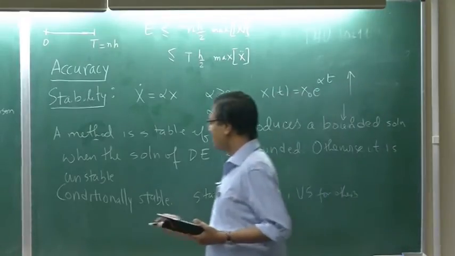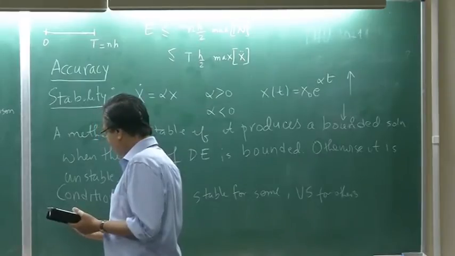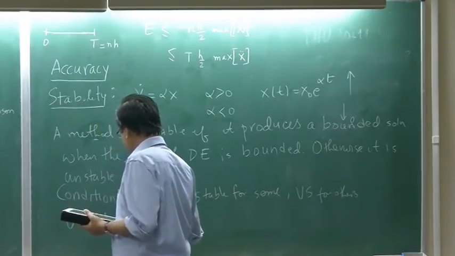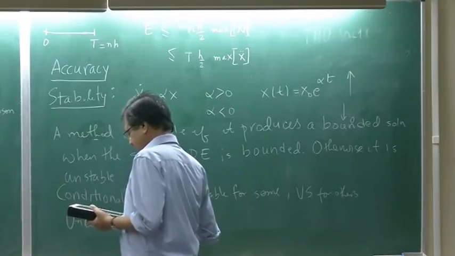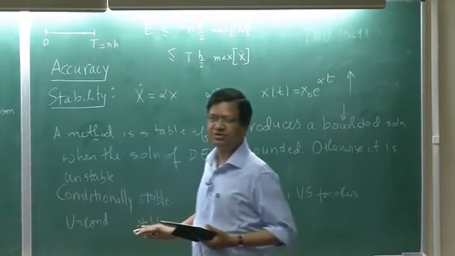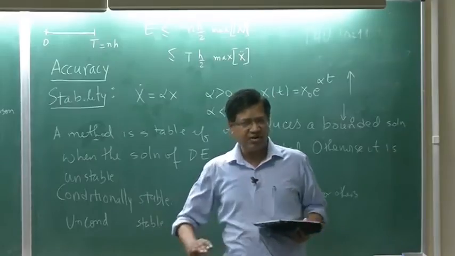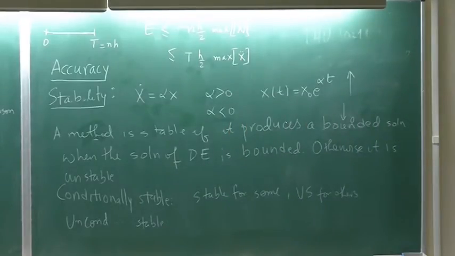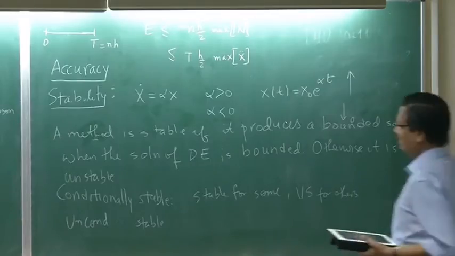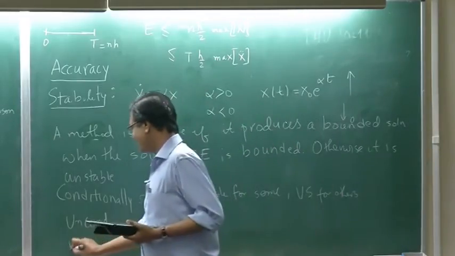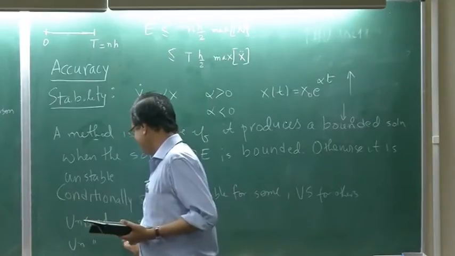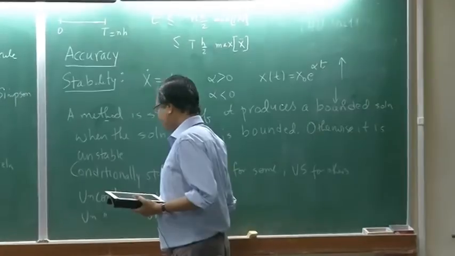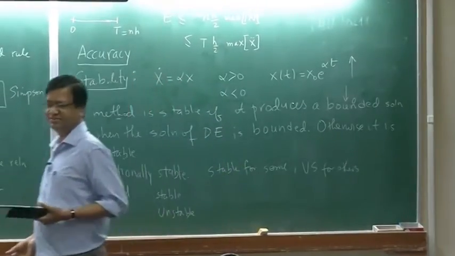You can also have unconditionally stable, which means stable for all parameters. If it's stable for all parameters, it's called unconditionally stable. Or unconditionally unstable, so it's unstable for any parameter.